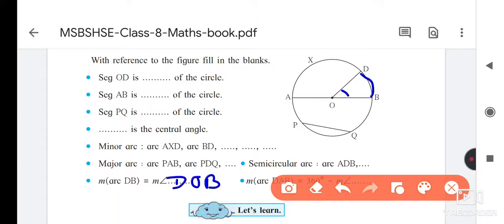This is the central angle, and it intercepts the arc DB, and that's why angle DOB is equal to arc DB.